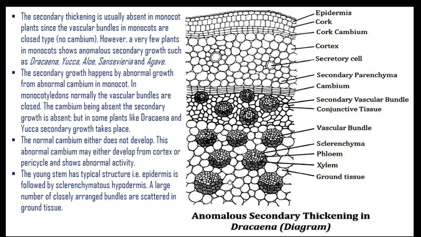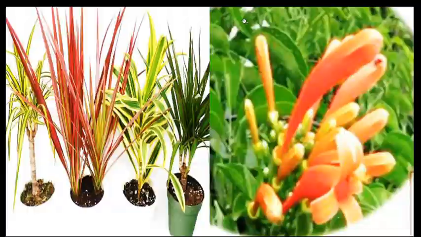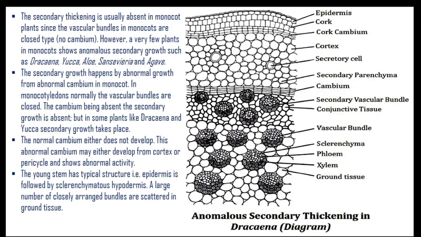This is the enlarged diagram of a vascular bundle of a Dracaena stem. So here is the vascular bundle. These are the vascular elements, that is xylem. These are the phloem.